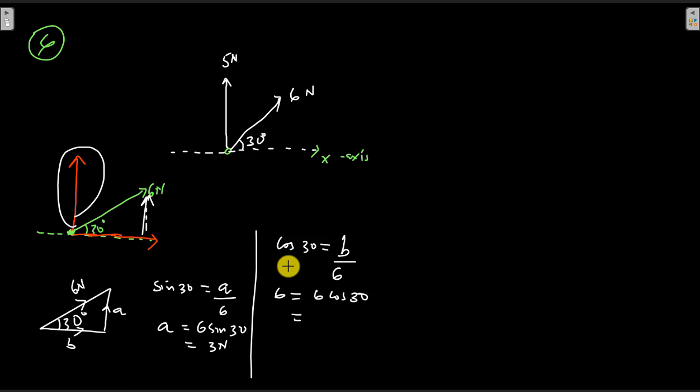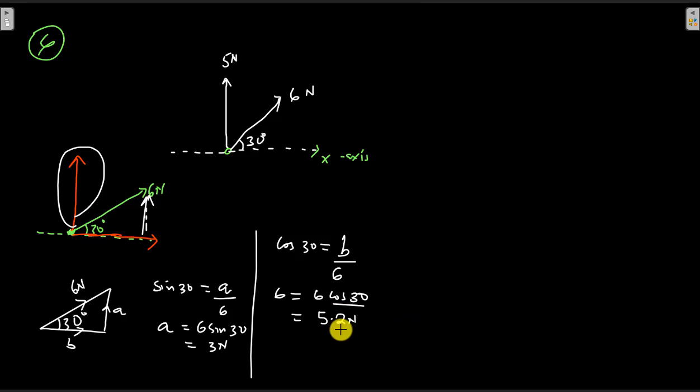So I don't want to use trigonometric ratios, so I'll have to go ahead and do this by myself. Cos 30 times 6, that's about 5.2 newtons. Yeah, I could have written this as root 3/2, but I don't want to use this for now.